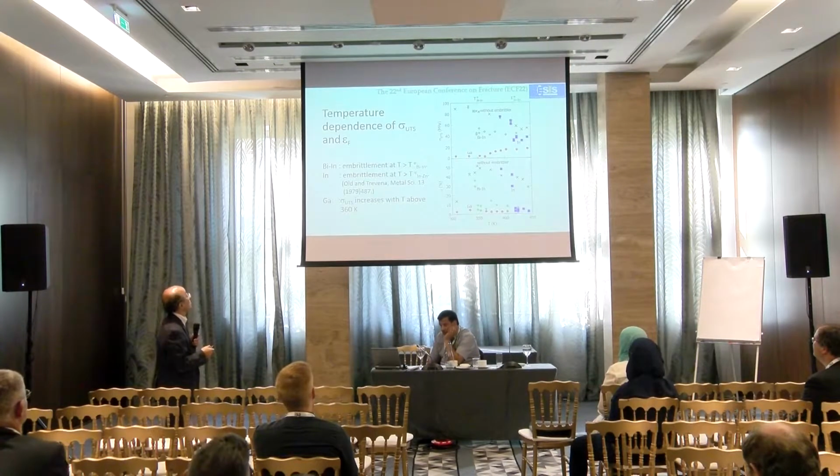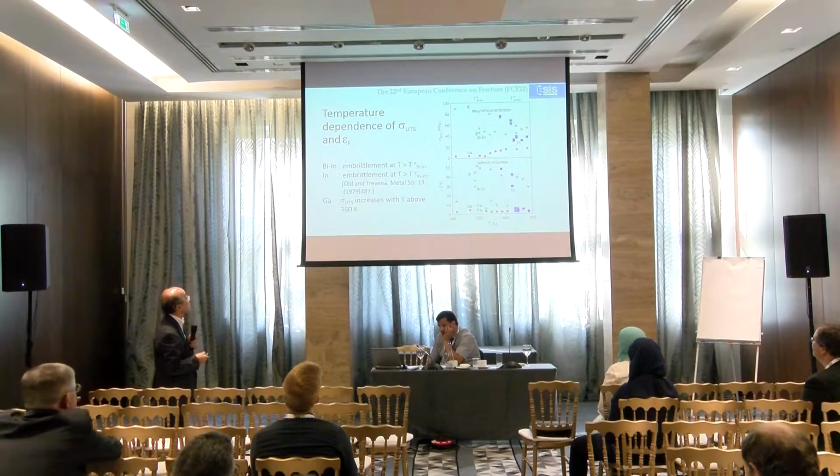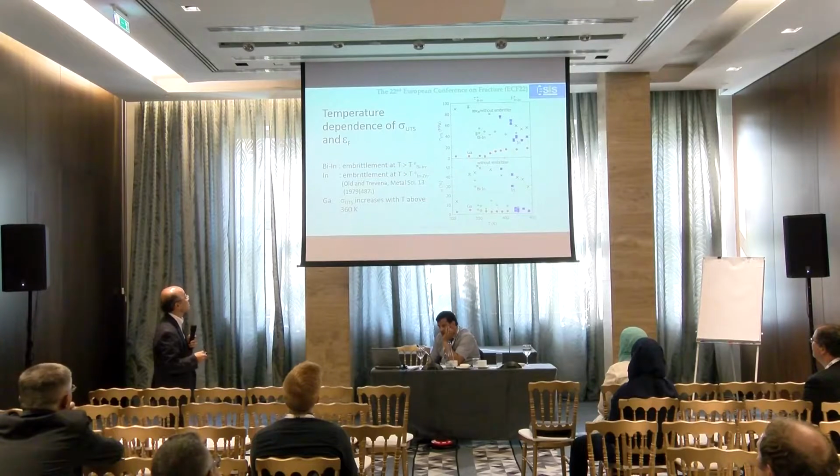This shows the temperature dependence of maximum stress and fracture strain. In the case of gallium, at the lowest temperature, gallium is liquid, so in the whole temperature range the gallium is liquid.